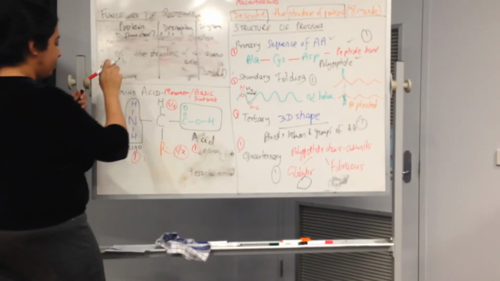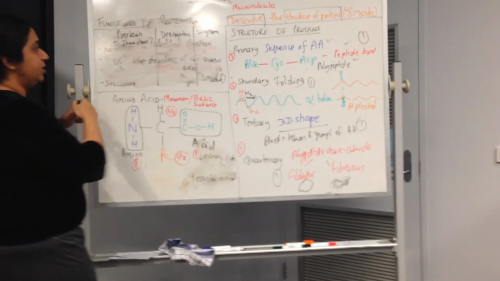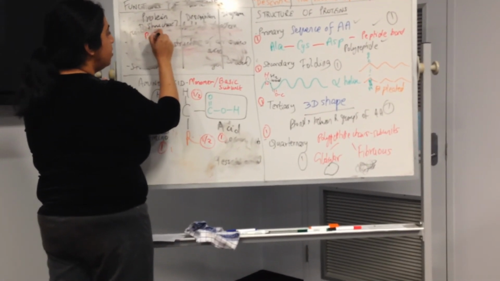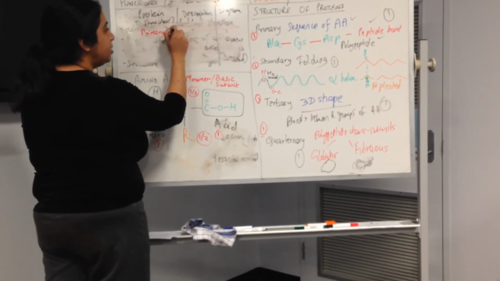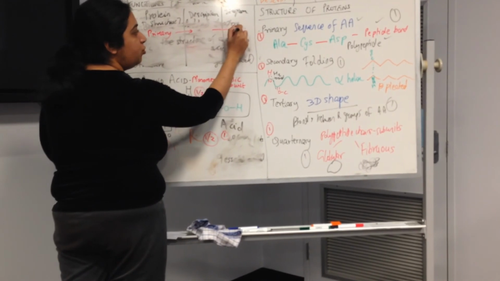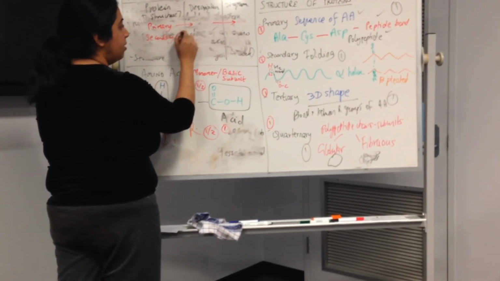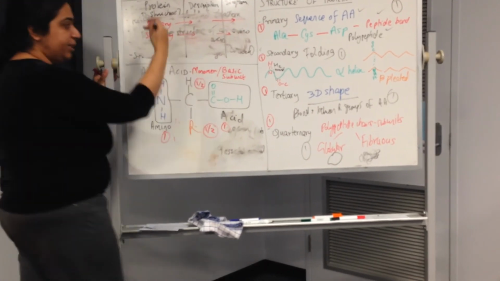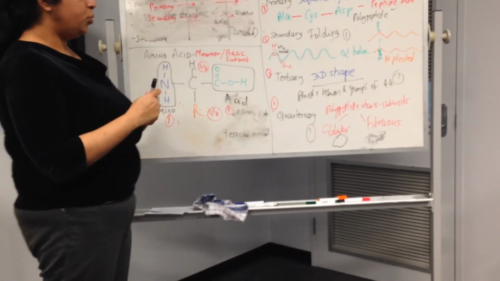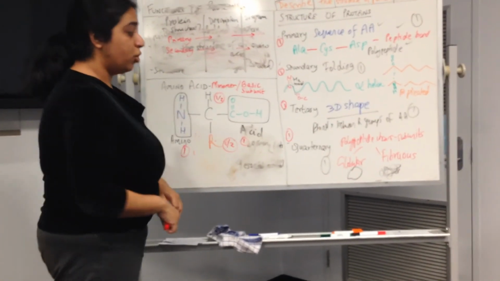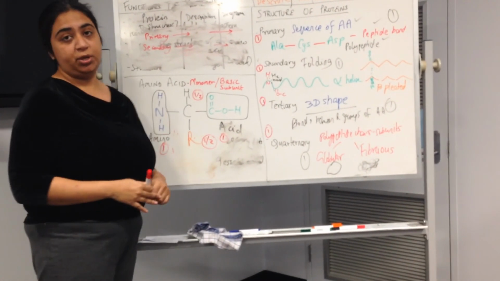Sorry, this is not very clear, but hopefully you'll get a picture of what I'm trying to say. So say, for example, the first row will be primary. You add the description of the primary, and then you draw a diagram showing that. Then you can have secondary, draw that, and you do the same thing for tertiary and quaternary. So whether you do it this way or that way, whatever helps you easily organize and arrange your information, it should be able to get you the marks that you want.